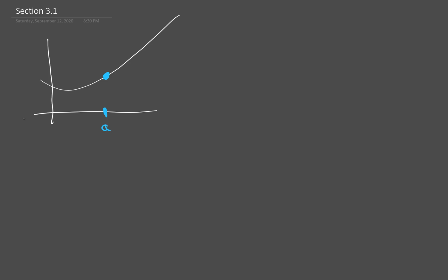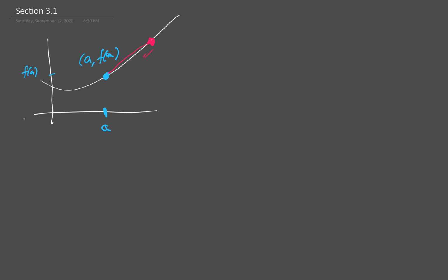So if I have a point at A, this point is at A comma f of A, and I've got another point over here, and I've got a tangent line, or a secant line, between them right now.